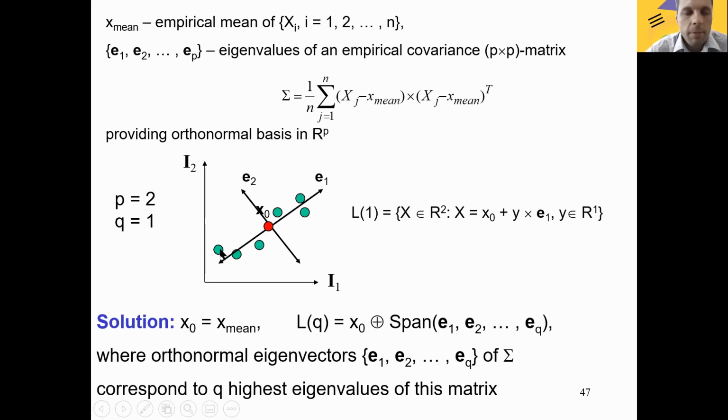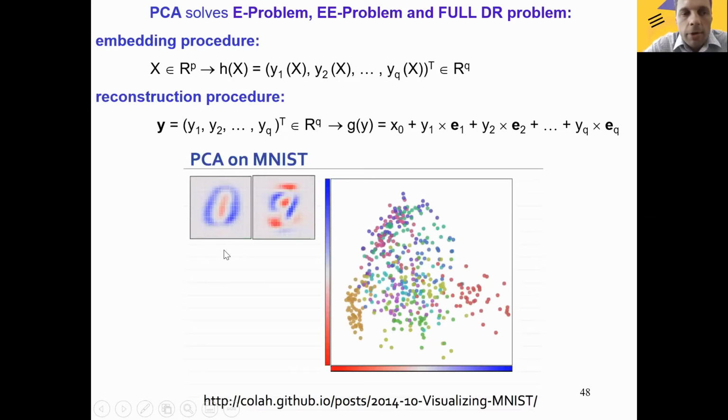And that means that instead of using two coordinates to represent each point, we will use only one coordinate to represent each point.